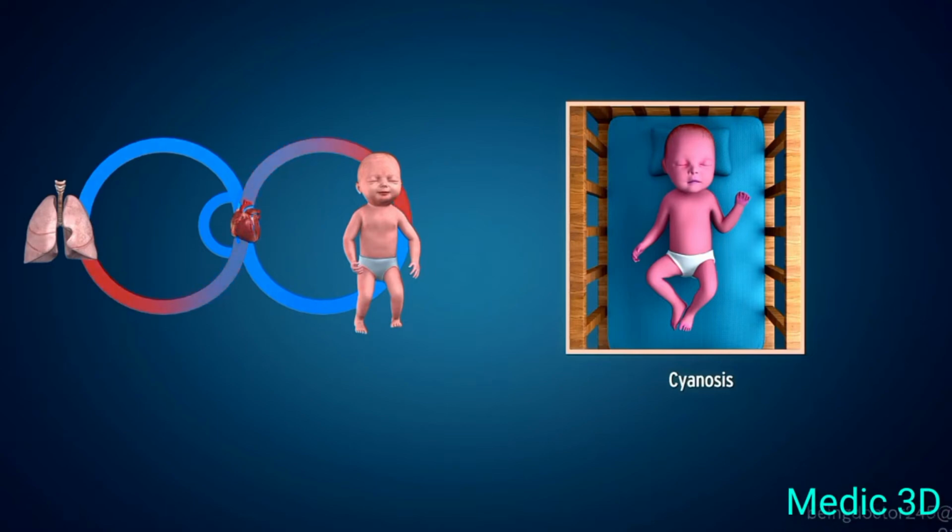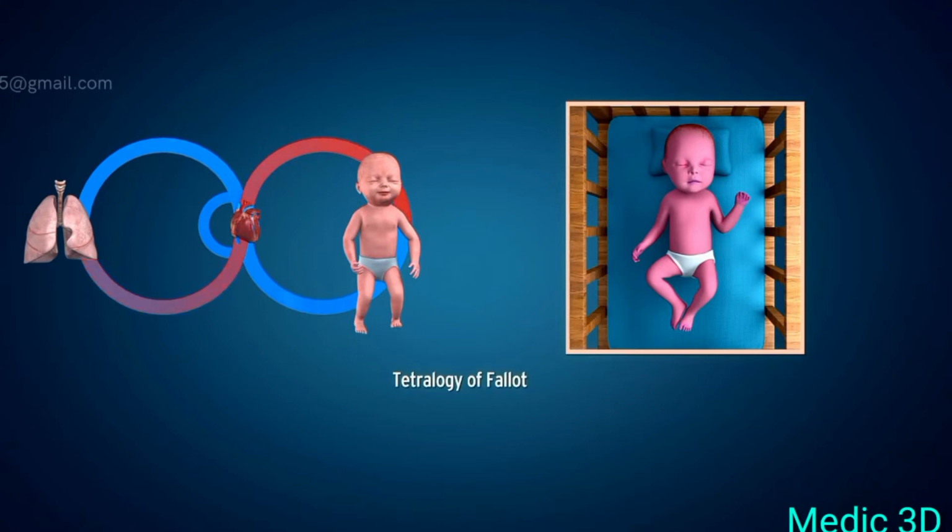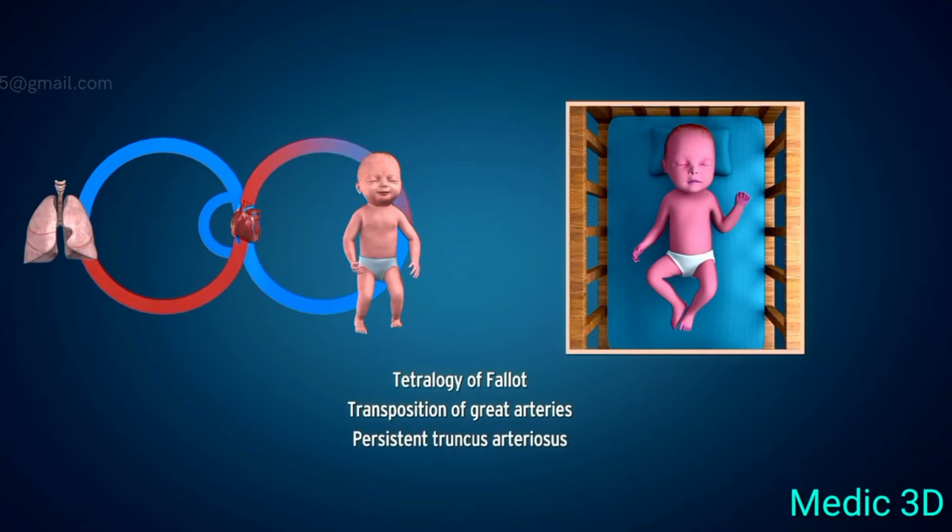The condition usually occurs as a combination of shunts with obstructions. Right to left shunts are of 4 types: tetralogy of Fallot, transposition of great arteries, persistent truncus arteriosus, and tricuspid atresia.